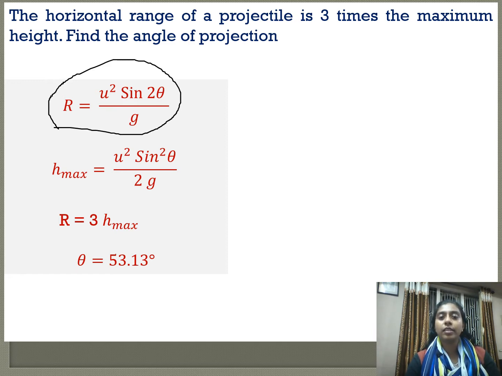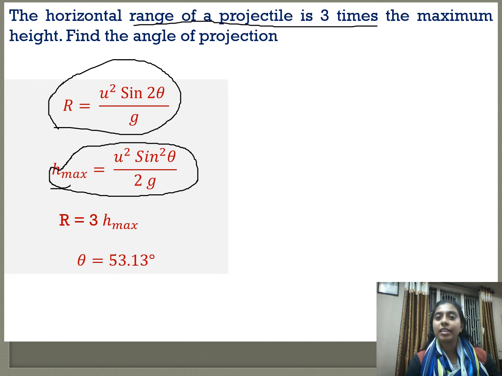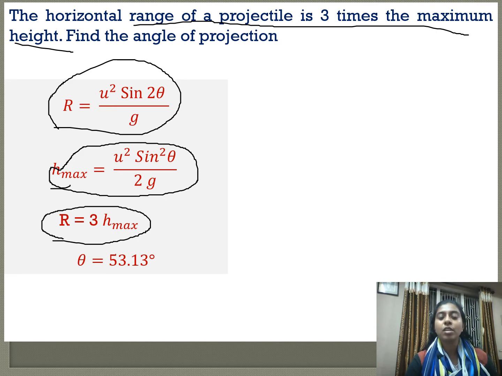The formula for maximum height of the projectile, h max, is u square sine square theta by 2g. The condition is the range of the projectile is 3 times the maximum height, so R is equal to 3 times h max. Substituting, we get theta is equal to 53.13 degrees.